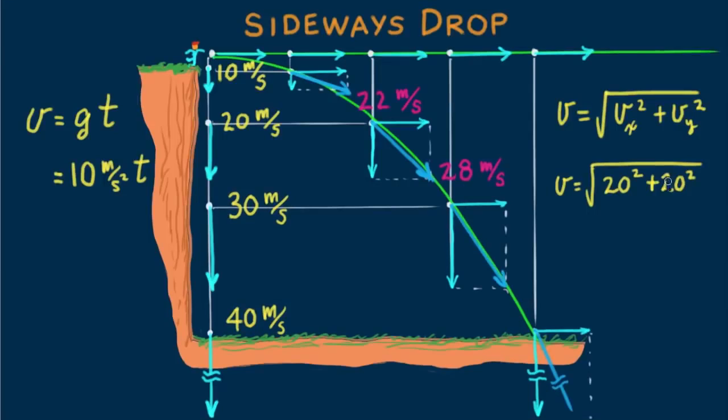And for the 3 second position? About 36 meters per second. And how fast does the ball hit the ground? Your calculator shows it's very close to 45 meters per second.